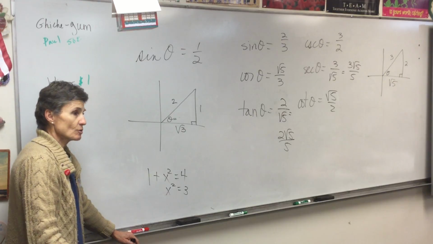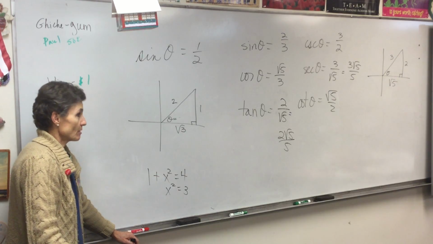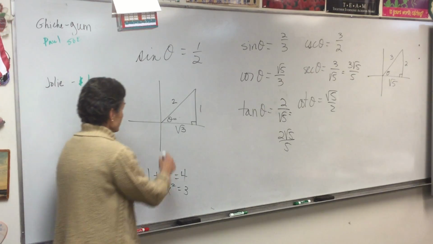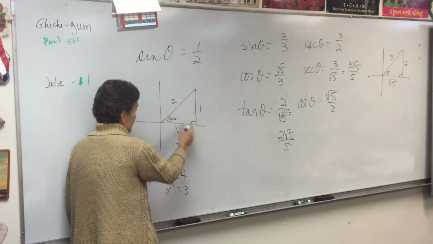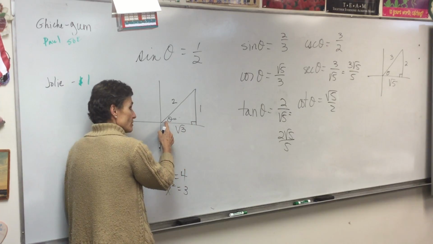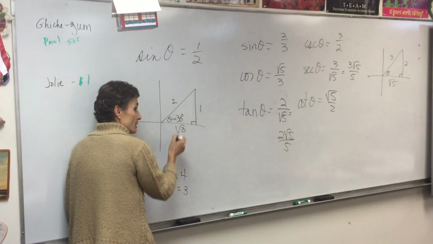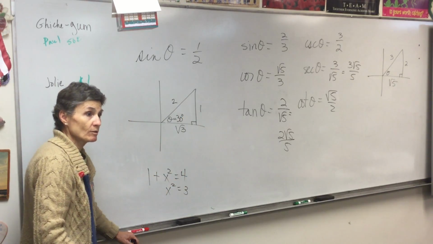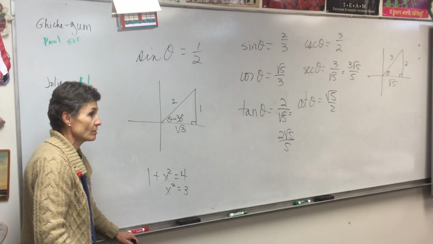Do you recognize that triangle? That's a 30, 60, 90 triangle. So which angle is theta? Is it the 30 or the 60? Obviously there's the 90. Is this the 30 or the 60? It's the 30. How do we know it's the 30? It's across from the 1. The angle across from the 1 in a 30, 60, 90 is the 30.